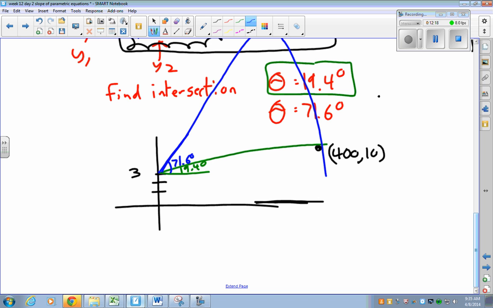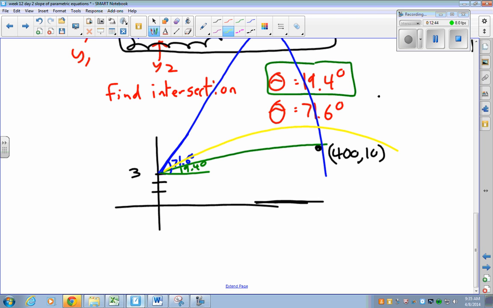And all other home runs that are in between 19.4 and 71.6 would have done something like this. Something in between would have cleared the fence with more oomph. Okay, it would have landed deeper into the stands. But the green one would have barely cleared it. The blue one would have barely cleared it, and anything outside of that would have hit it further, basically.